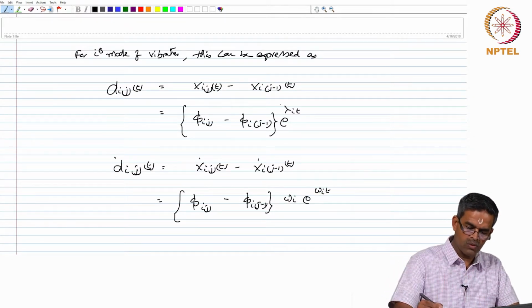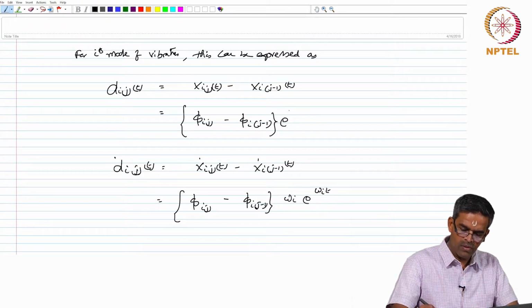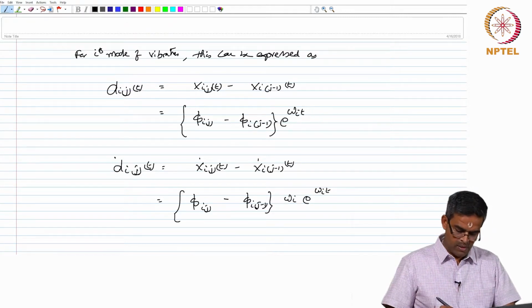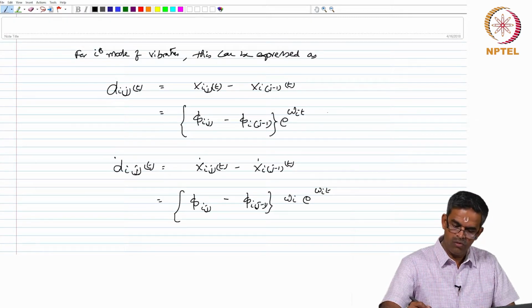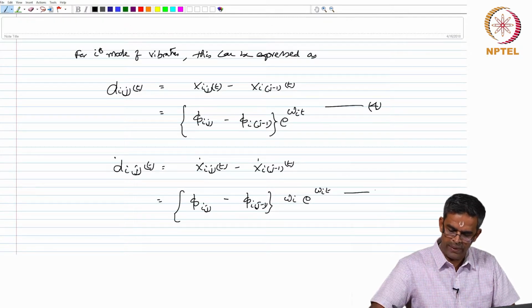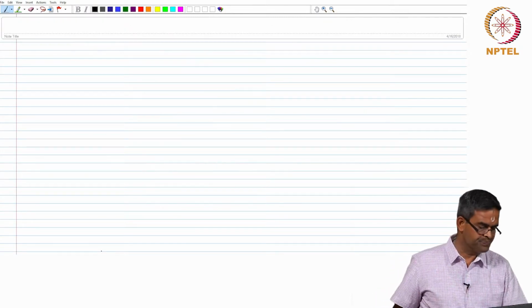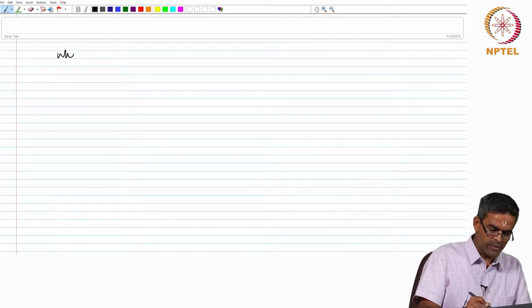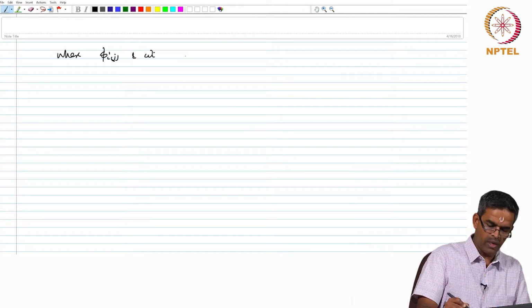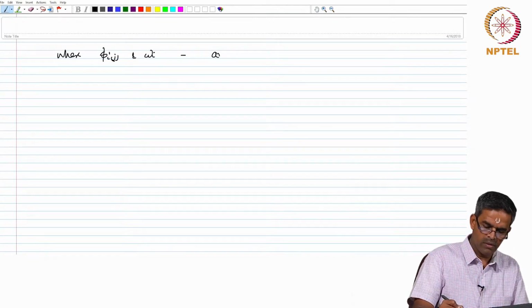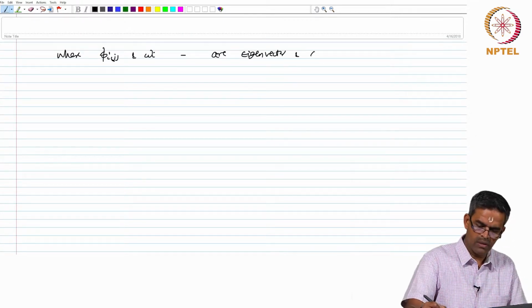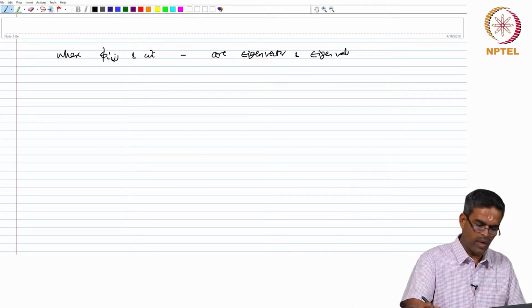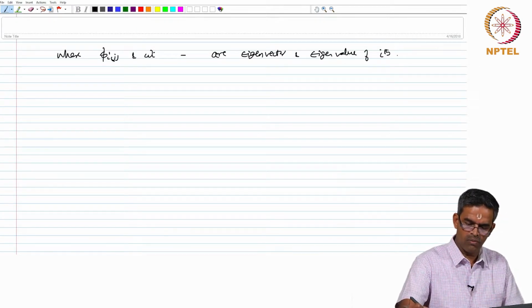In fact, this should also be omega_i t. Let us call these equations 4 and 5, where phi_ij and omega_i are eigenvector and eigenvalue of ith mode.